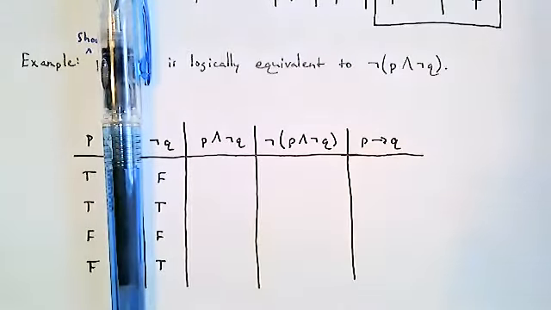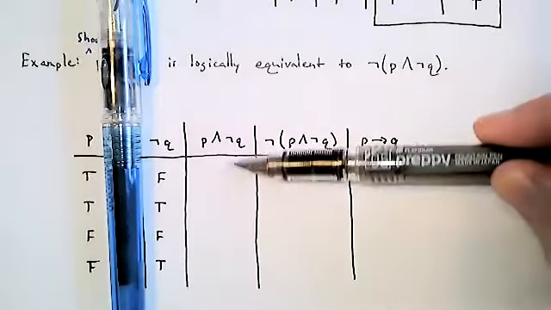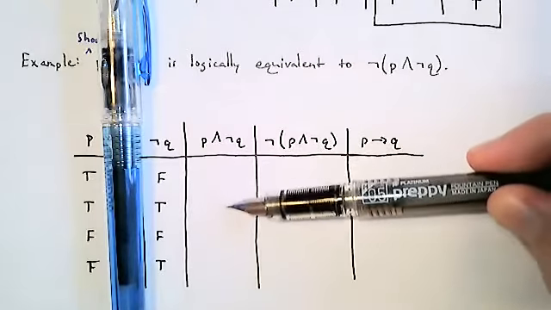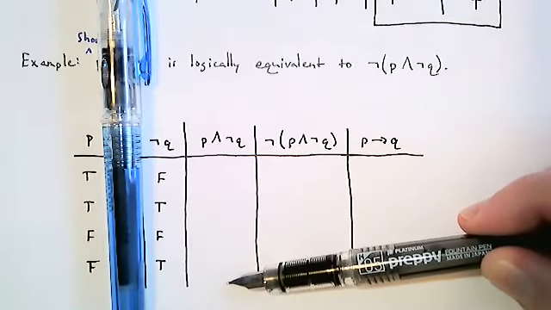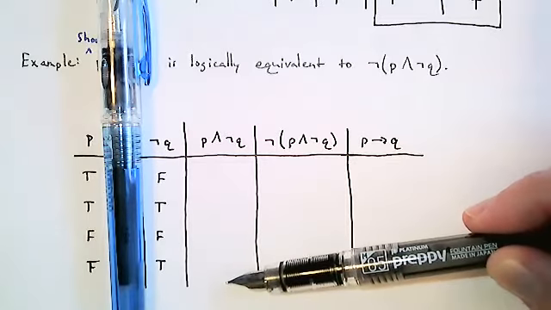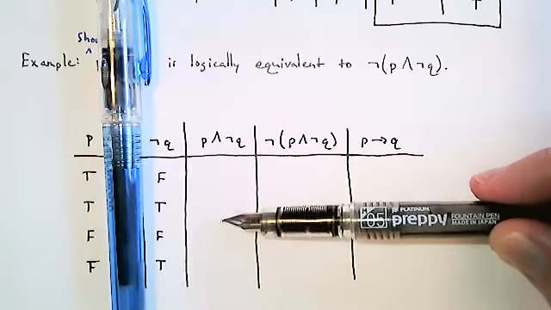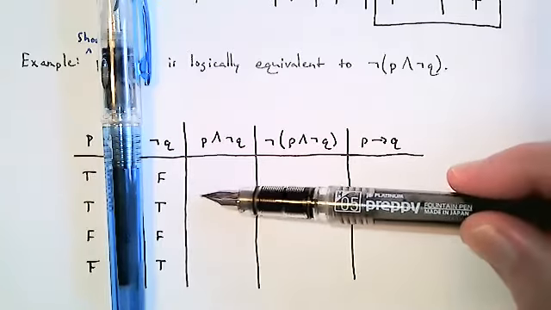So which is the only row with a true in it? Here. It's right there, right?